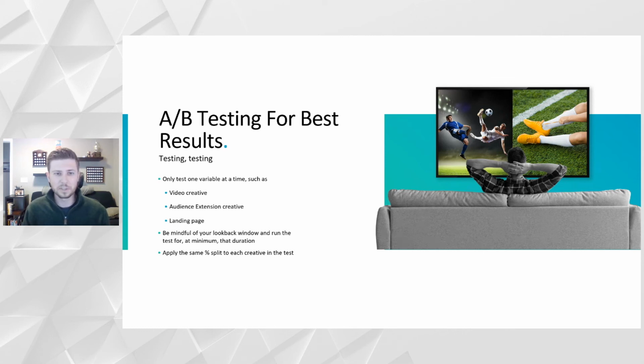It's the same approach. Of course, the key with testing anything in A/B testing, only test one variable at a time. Within the Mountain platform, there's video creative, you have the audience extension creative, you have landing pages, you have audiences. There are an endless number of things you could test, but don't get too tricky or impatient and try to test multiple variables all at once.